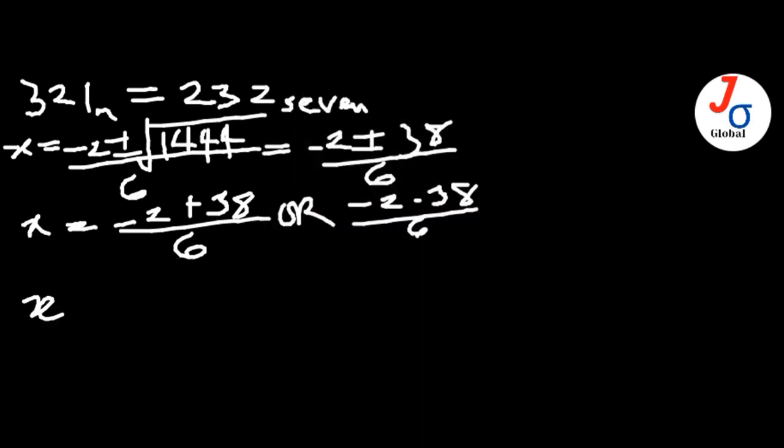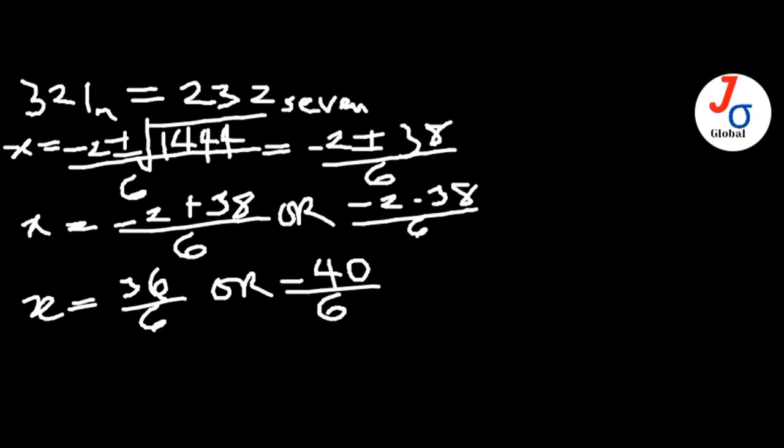So then I have x equals to minus 2 plus 38, which is 36, divided by 6, or minus 2 minus 38, which is minus 40, divided by 6. And so I have x is equal to 36 over 6, which is 6, or minus 40 divided by 6.